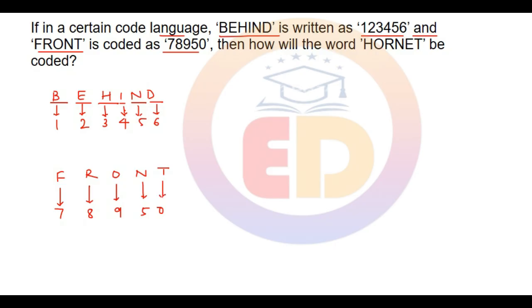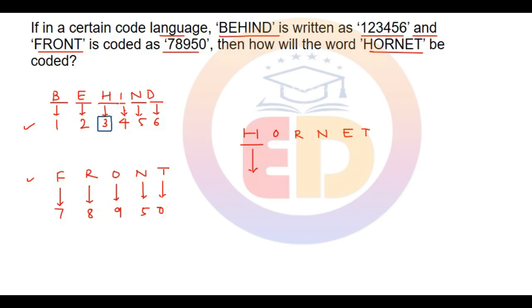Now they are asking, then how will the word hornet be coded? So the word hornet will be coded from the letters given in behind and front. The code for H, we have to find the code for H. The code for H given here is 3.